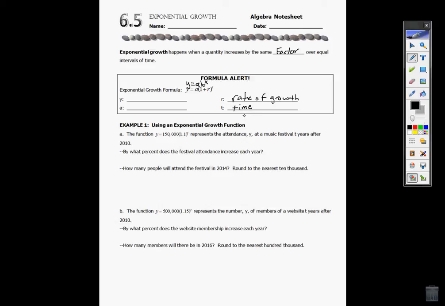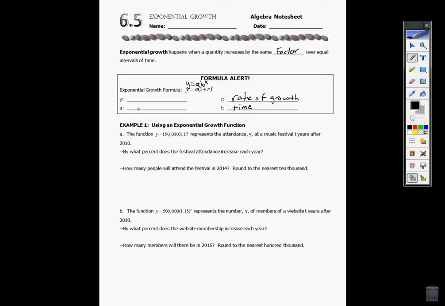Time can also be a very difficult thing to place into an equation, because sometimes time is represented in days, sometimes in years, months, hours, minutes, seconds, so you have to be very careful in placing time into an equation. But we'll see that in an example later.